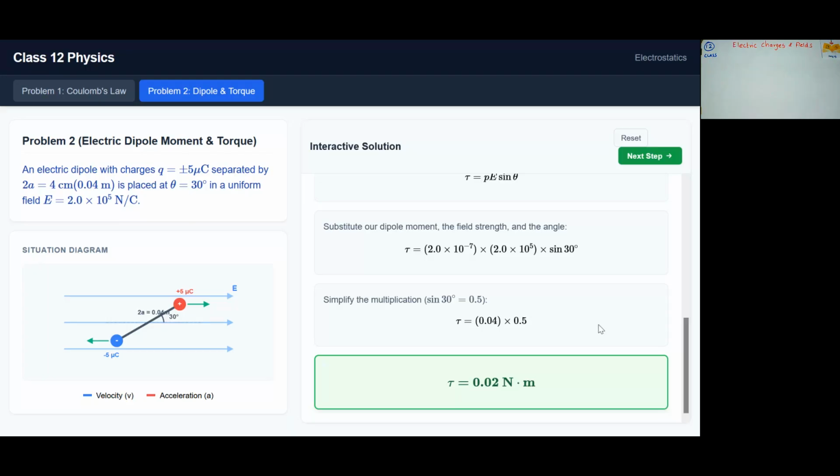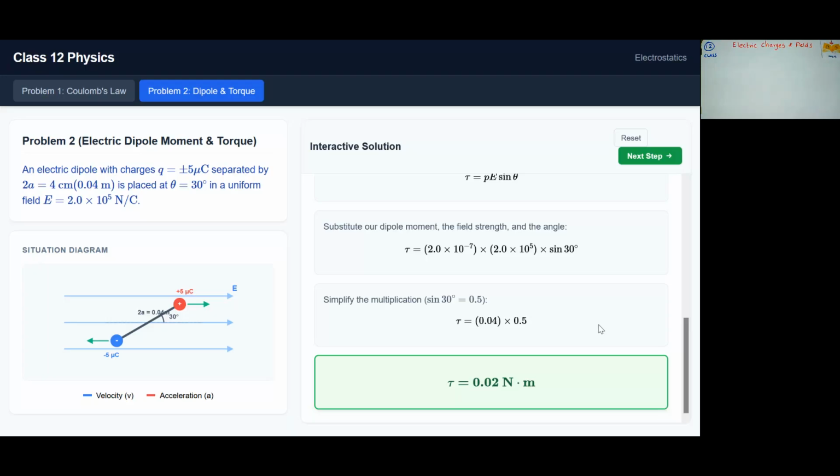So this torque will always try to twist the dipole until it perfectly lines up flat against those blue field lines. Once it aligns, the angle is 0. The sine of 0 is 0, and the torque becomes 0.